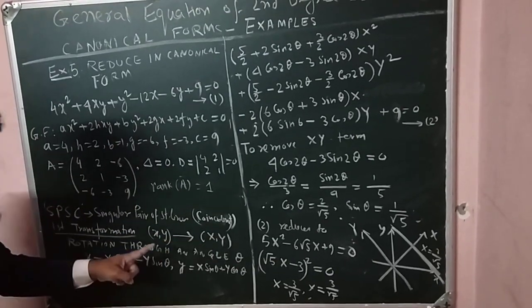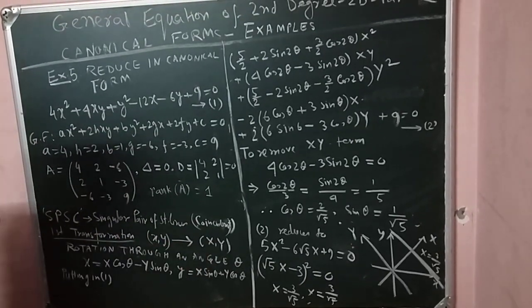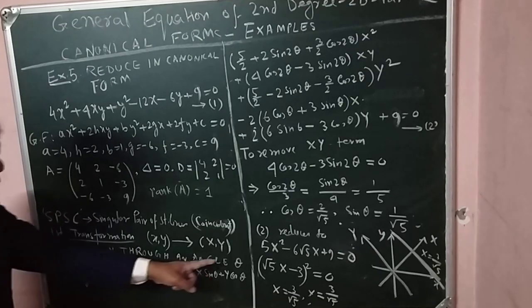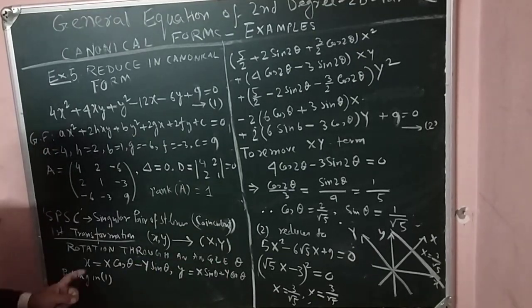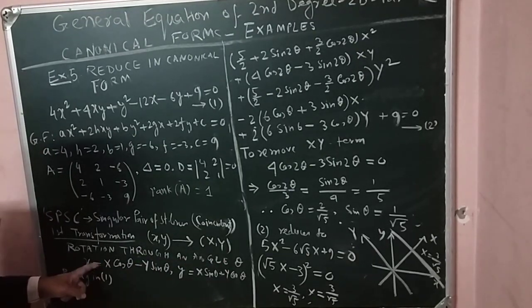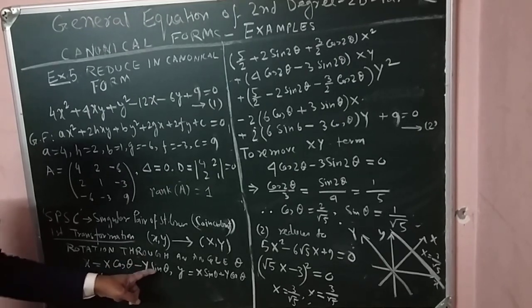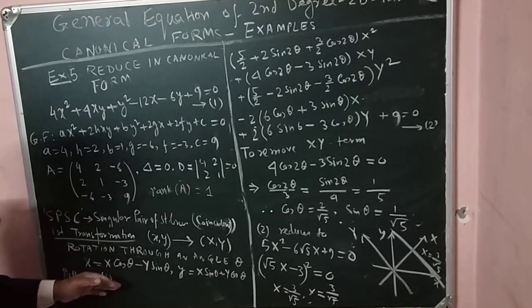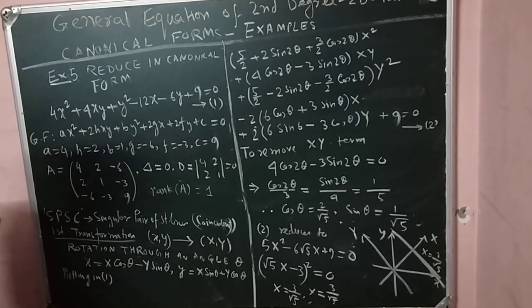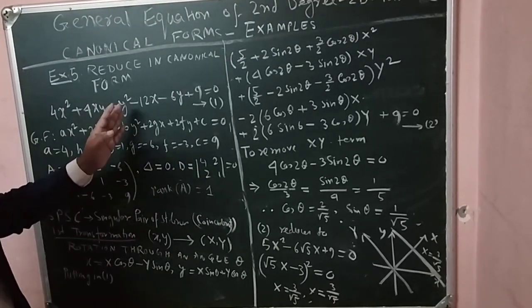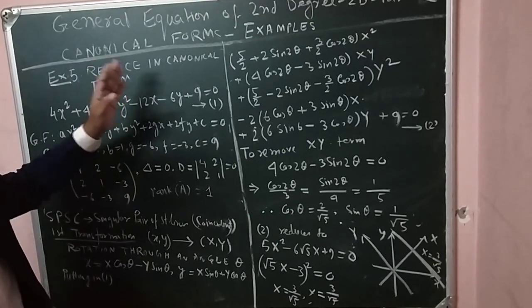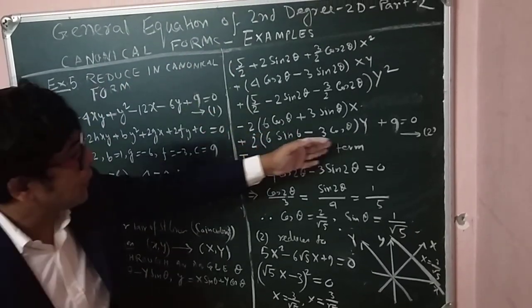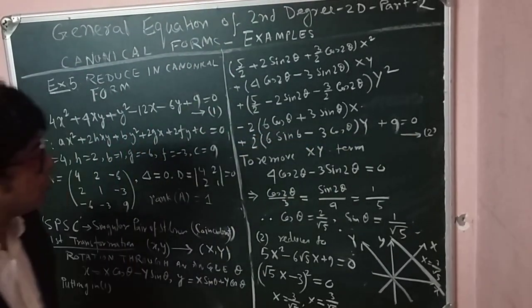So we directly convert from xy to capital XY through the rotation theta. x equal to capital X cos theta minus capital Y sin theta, y equal to capital X sin theta plus capital Y cos theta, as in the formula for rotational transformation through an angle theta. On substituting in equation number 1, we simplify to equation number 2.